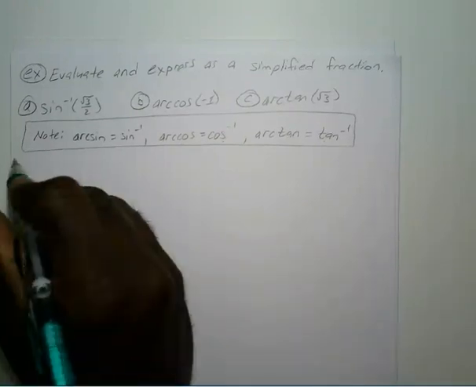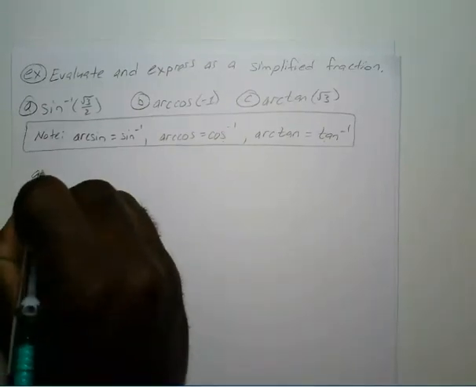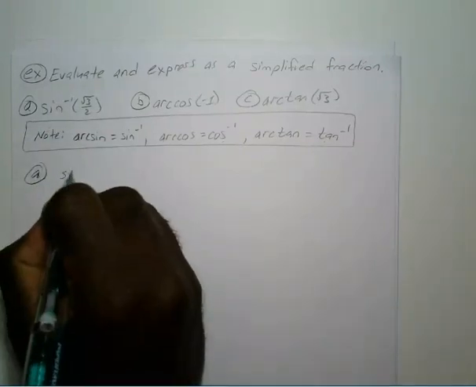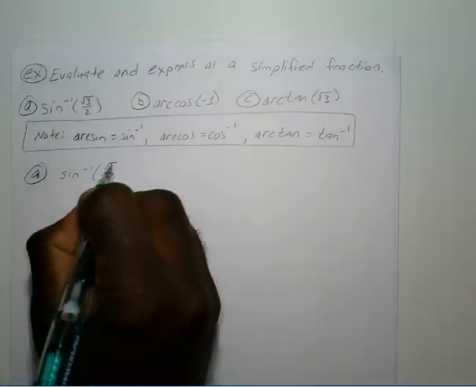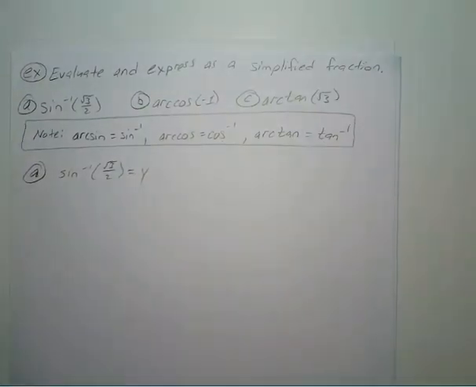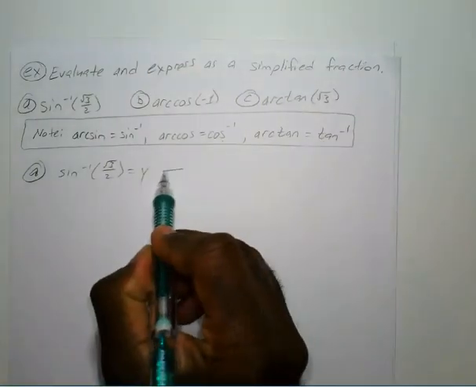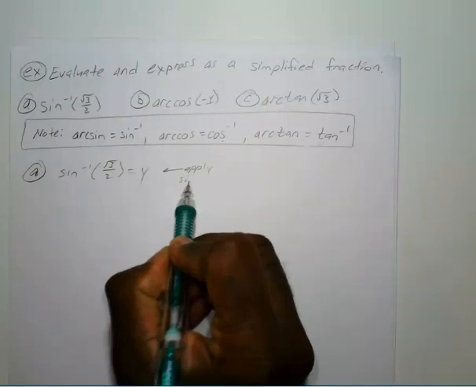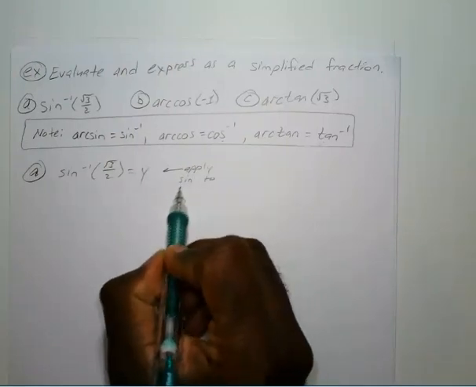First thing we're going to do with A, we're going to set sine inverse of square root of 3 over 2 equal to some value y. Once we do that, we're going to apply sine to both sides.